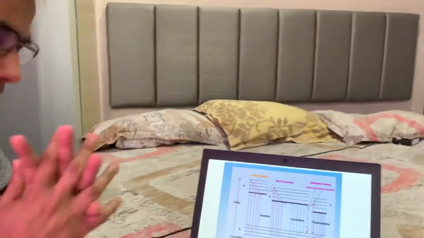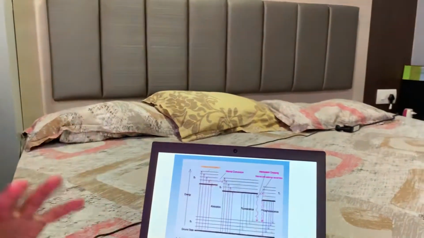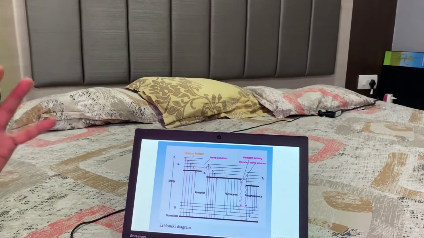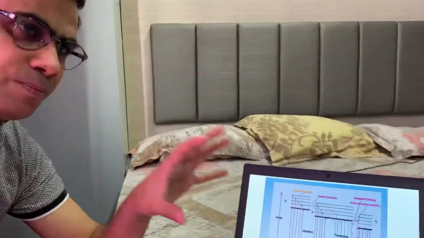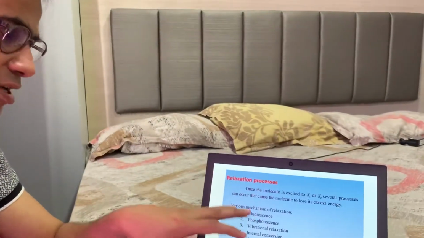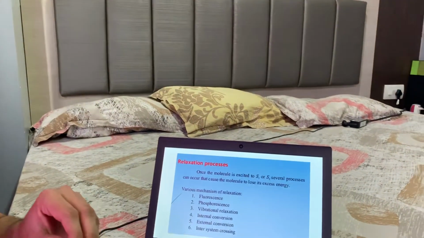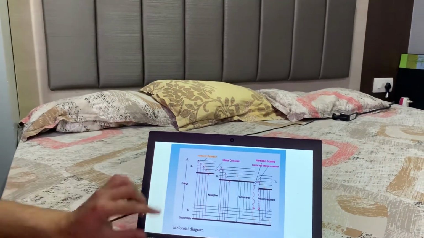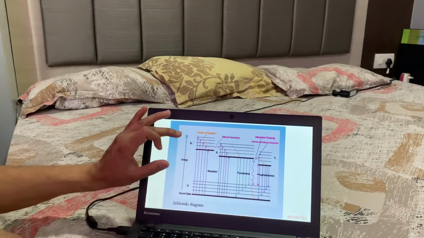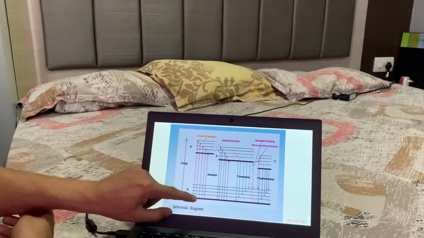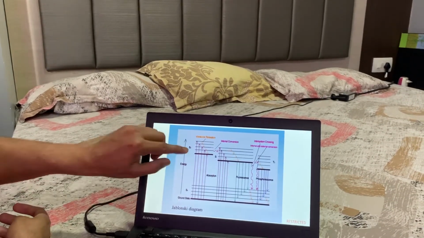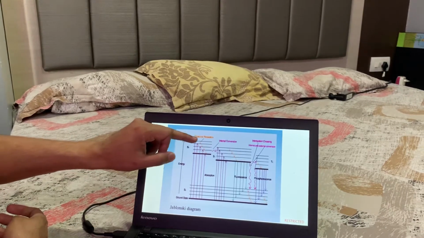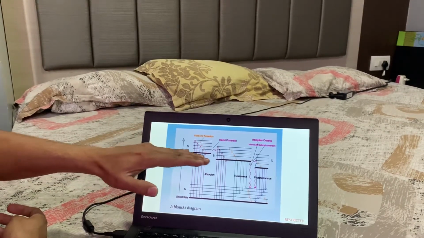And this Jablonski diagram is nothing extraordinary. It is simply the representation of the relaxation process of this excitation. So imagine here, this is the ground state, this is the excited state. Now there is the absorption, it moves here. When there is a vibrational relaxation, it returns to the lower state.